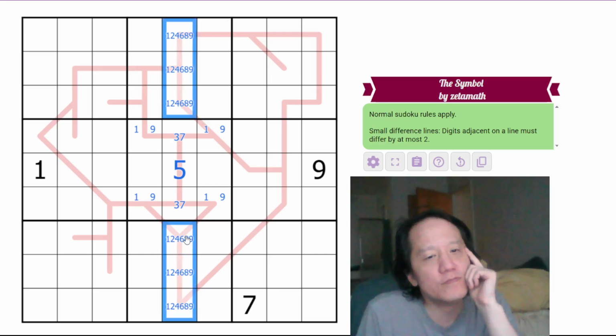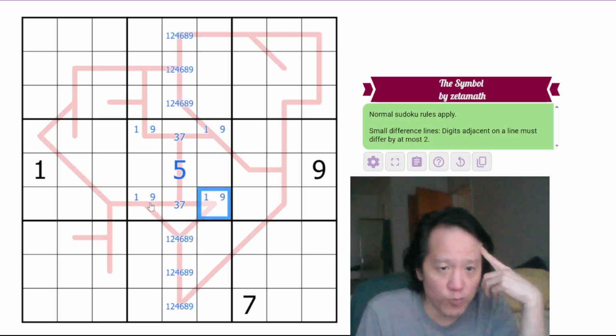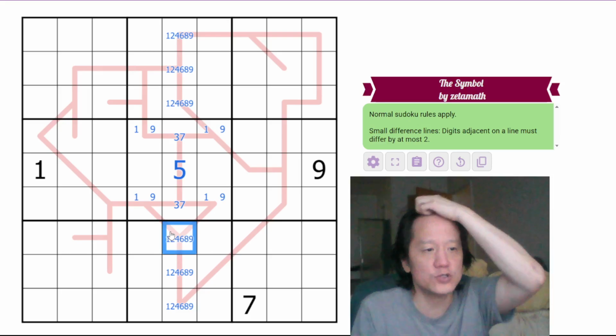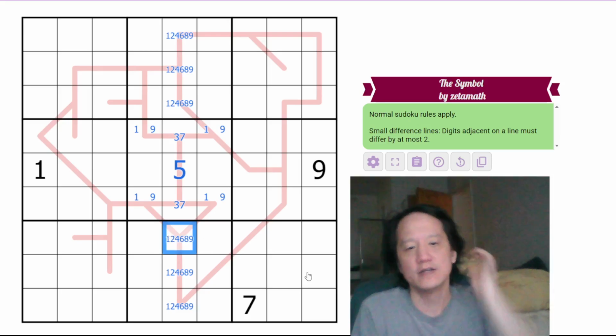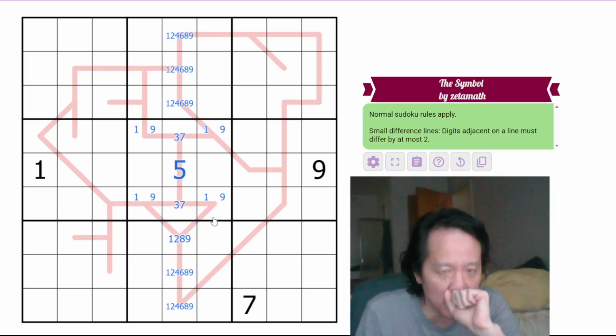Interesting, so you could have the same digit here. So 1 or 9 is here. 4 and 6 are not going to be 2 or less away from that. So this cannot be 4 or 6. This is definitely 1, 2, 8, or 9.